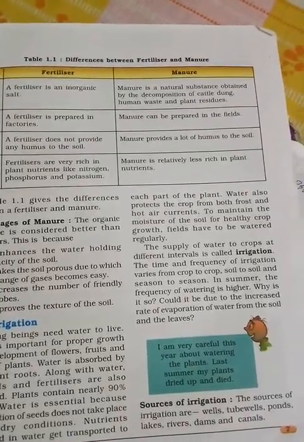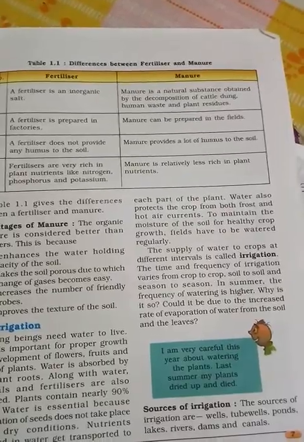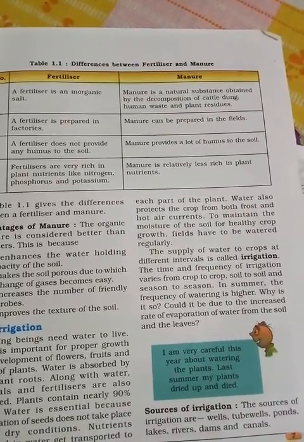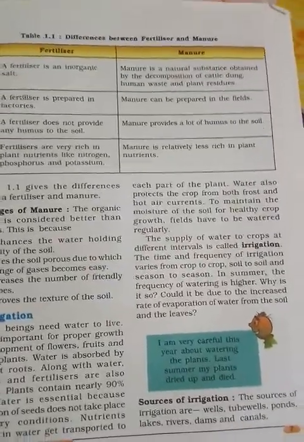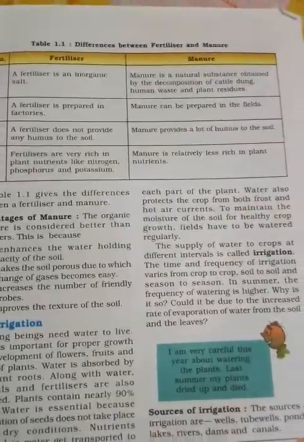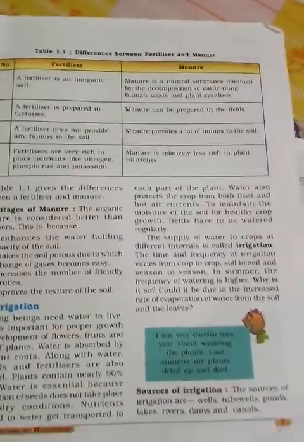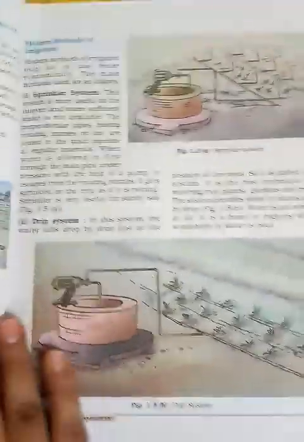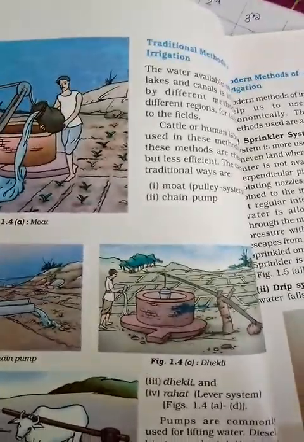Now, we all know that during summers the rate of evaporation is higher, so the time and frequency of watering is also higher. There are various sources of irrigation, as we all know, like wells, tube wells, ponds, rivers, and dams. But this water has to be brought to the area where we are cultivating the crop.